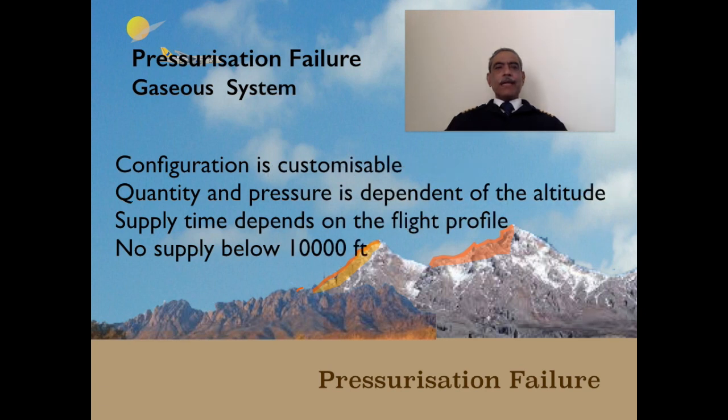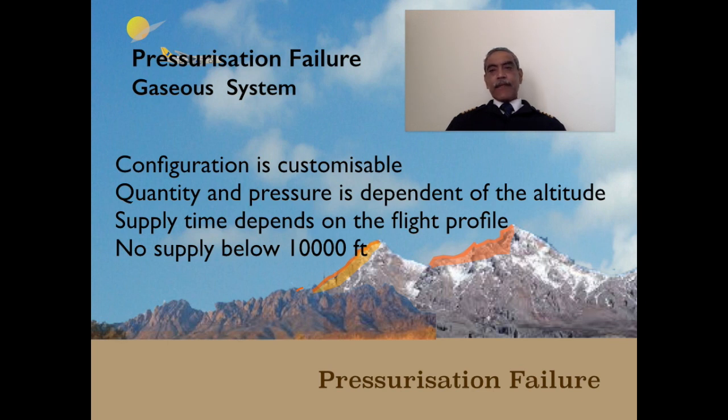As against the chemical system, let's go through the salient aspects of the gaseous system. The configuration of the gaseous system is customizable. That means depending on the aircraft type and operator or the routes which it follows, you can configure the number of cylinders, the pressure, etc. The quantity and pressure of the oxygen used is dependent on the altitude of the aircraft.